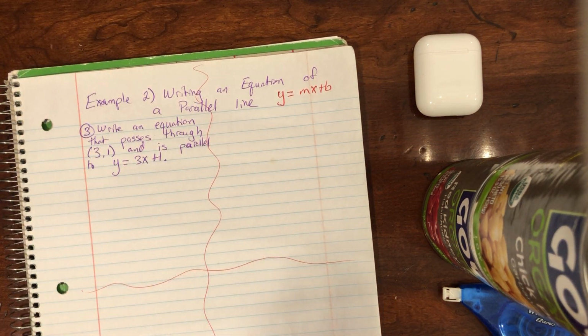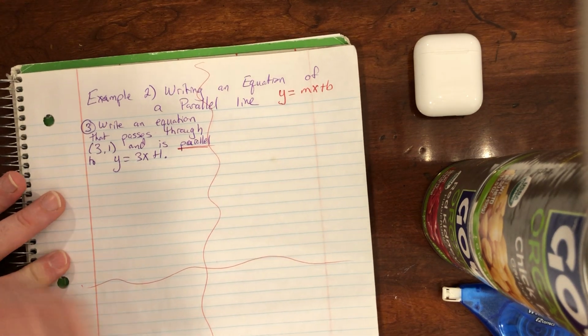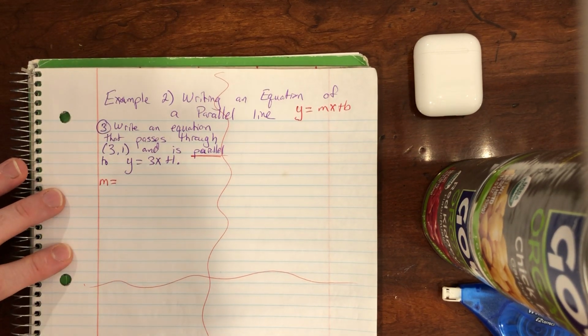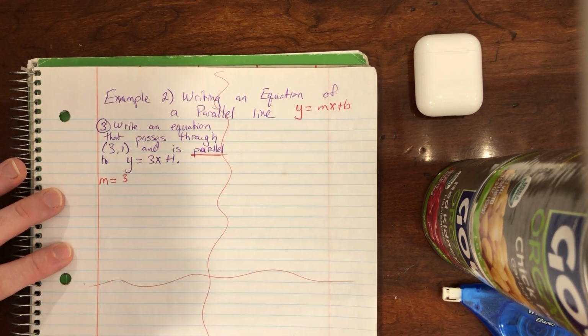Okay, so there's a couple things I like to do. Well, we know here that we're trying to find a parallel line. So I want to know, what is the slope of my original line? The slope of my original line is going to be 3.